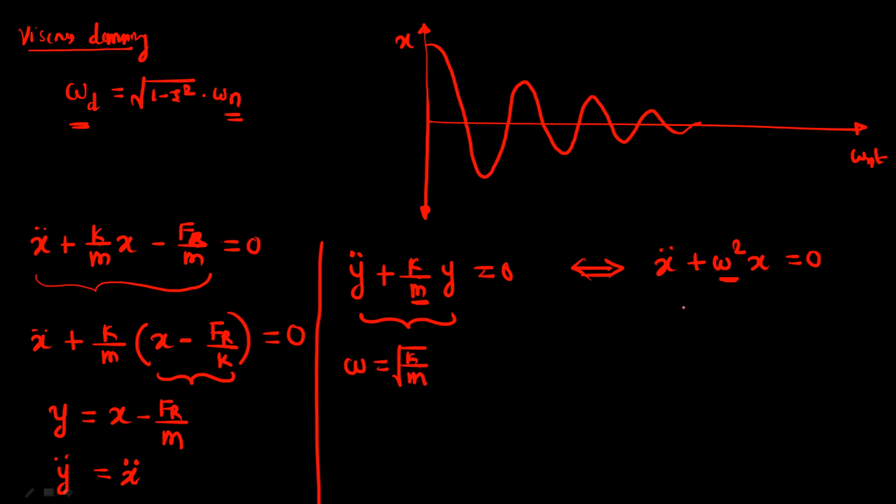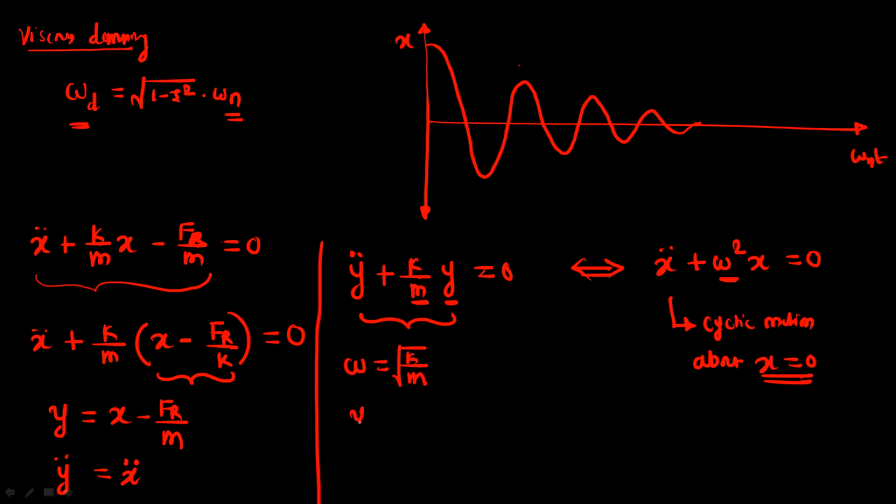Okay, this equation performs the cyclic motion about x is equal to 0. Okay, so about x is equal to 0, it will perform the cyclic motion, that is a simple harmonic motion with the frequency omega. So therefore this equation should perform the cyclic motion about y is equal to 0.